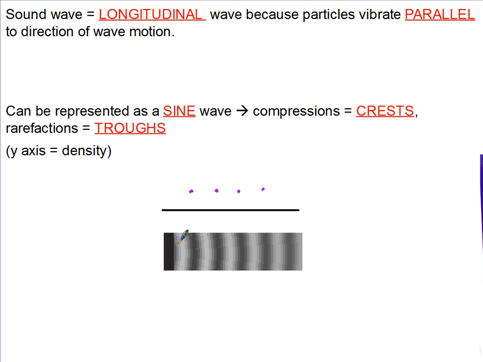And then take the rarefactions and translate those into troughs. And then all you have to do is complete your sine wave. My sine wave looks very spiky here, so it's hard to draw so small. All right.